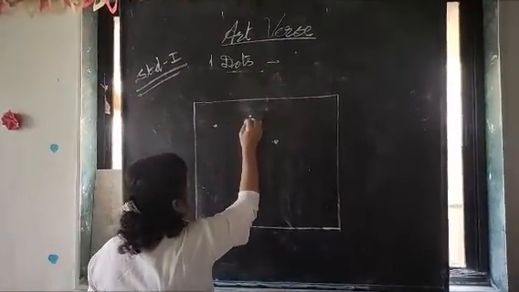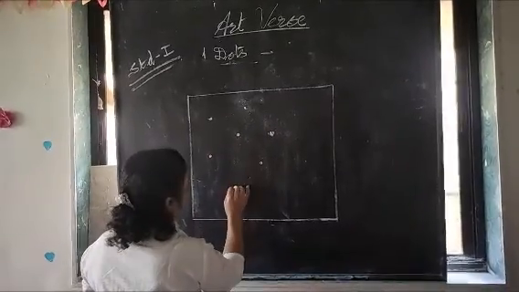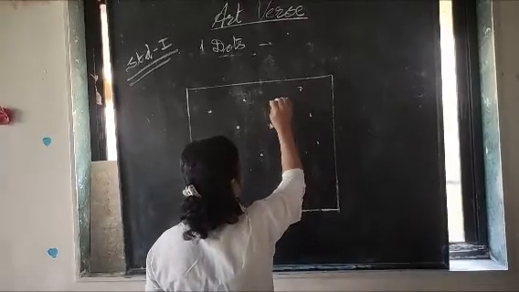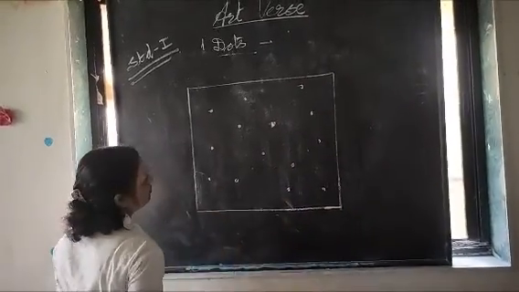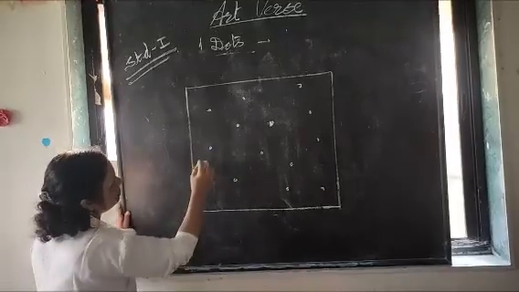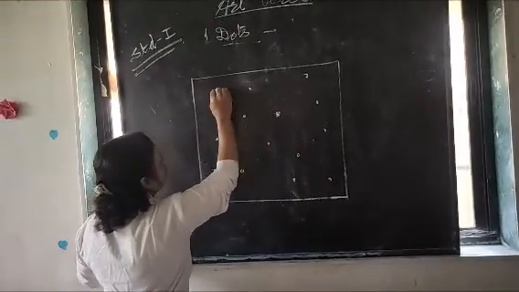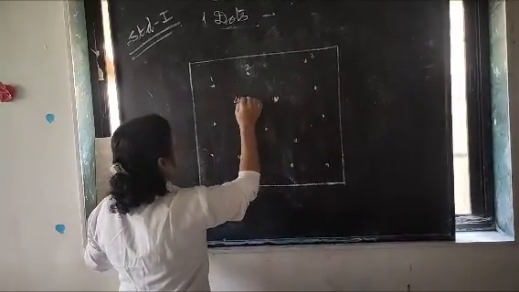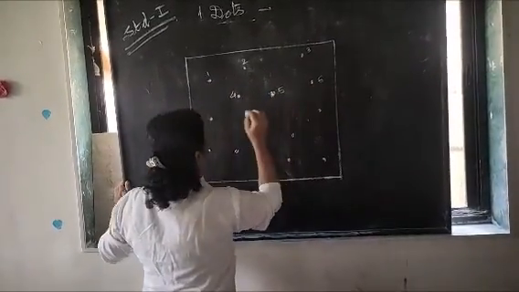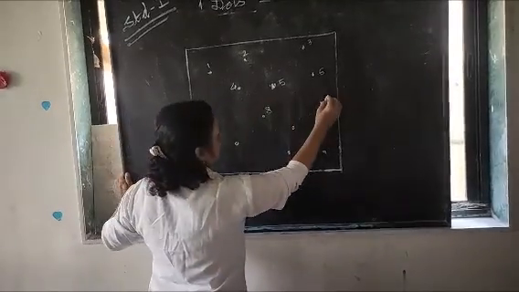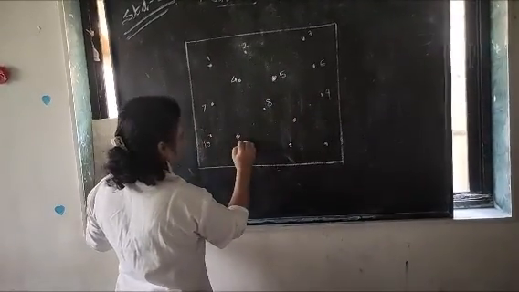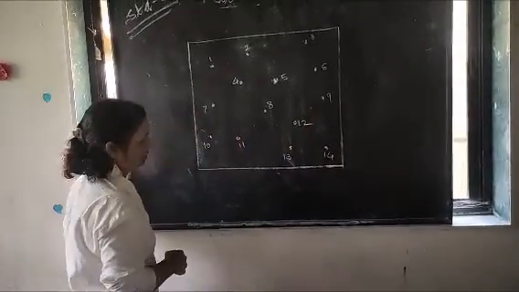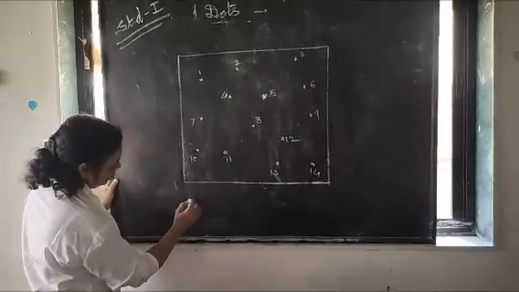Then draw dots randomly anywhere. Count the dots first. 1, 2, 3, 4, 5, 6, 7, 8, 9, 10, 11, 12, 13 and 14. We take 14 dots here.